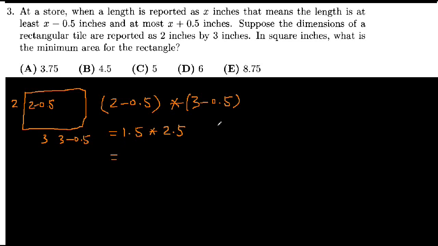We have 25, 15, so it's 3.75. The answer in square inches is A.